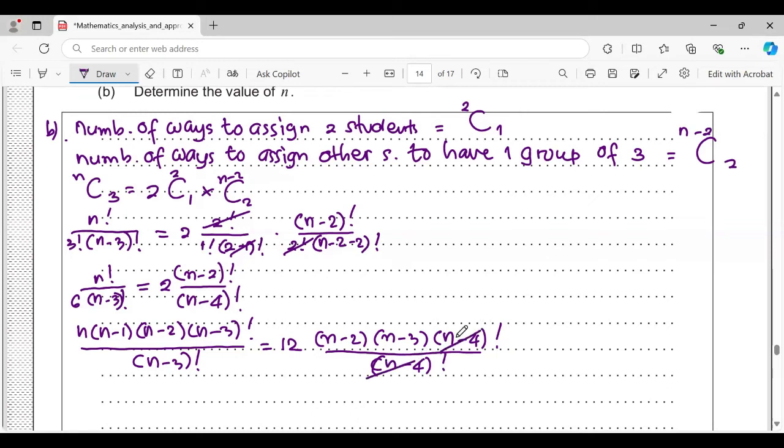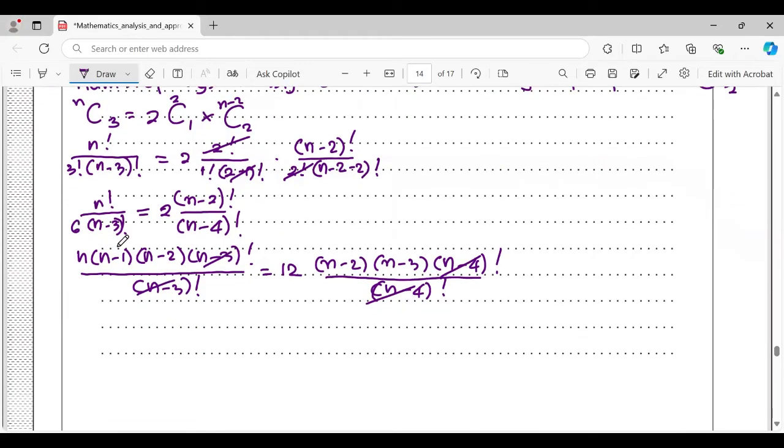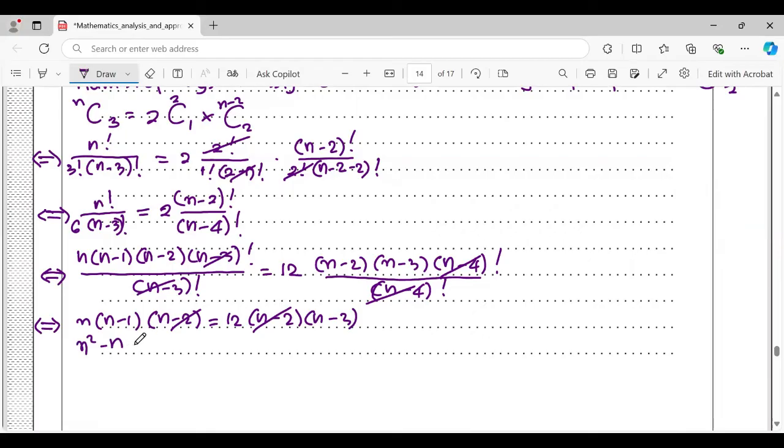So it's going to be n times n minus 1, n minus 2 over 12, n minus 2, n minus 3 equals 1, and then multiply: n squared minus n equals 12n minus 36.